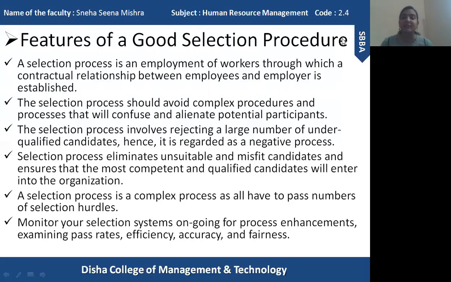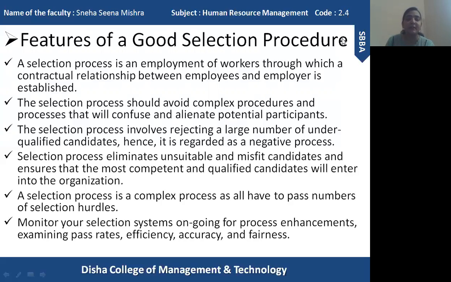So everything needs to be mentioned in a proper agreement. What kind of job the worker or the employee is supposed to do, what are the benefits, salary, and everything the company is supposed to give the employee, and other related things. So it creates employment for the worker, and creates a healthy contractual relationship between the employees and the employers.